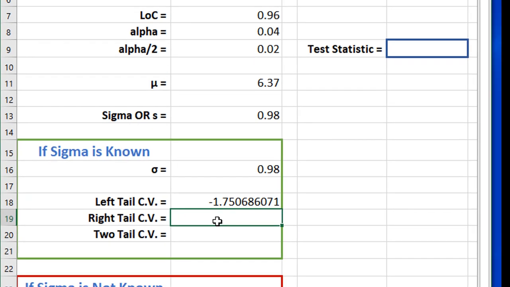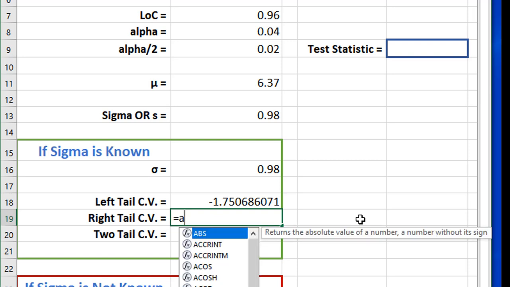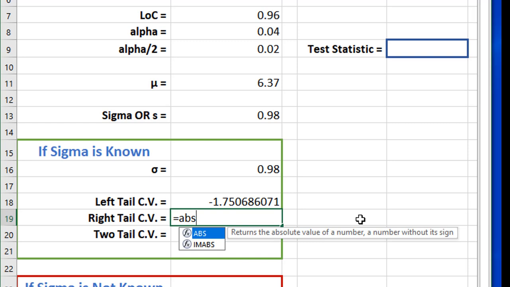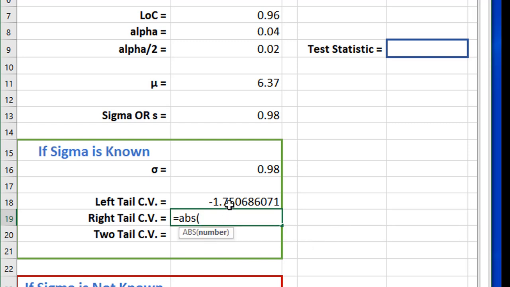For a right tail test, we take the absolute value of whatever we got for the left tail test. So I'm going to type in equals ABS, that's for absolute value. Click on the cell above, close my parenthesis, press enter.